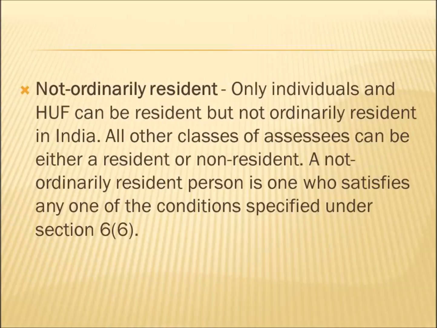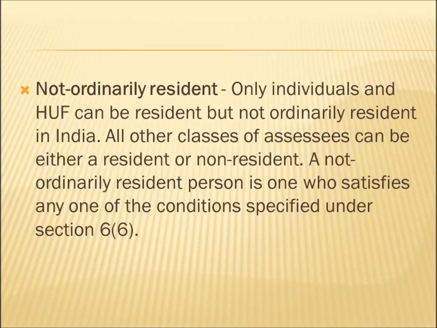So today we are going to discuss the conditions which will further classify a resident into ordinarily resident or not ordinarily resident. One more thing we need to know is that only individuals and Hindu undivided family can be resident but not ordinarily resident in India. All other classes of assessees can be either a resident or a non-resident.